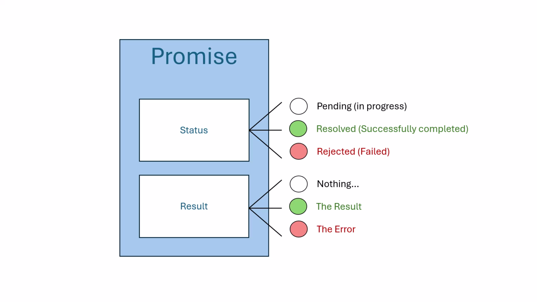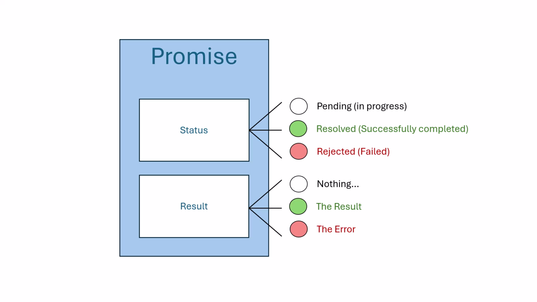If it's resolved successfully, that field holds the result of the asynchronous operation, for example, the response from a server. And if it's rejected, then the result is actually an error, some description of why it failed. So a promise is simply an object that holds data, nothing more than that.